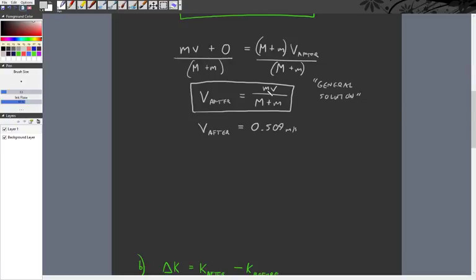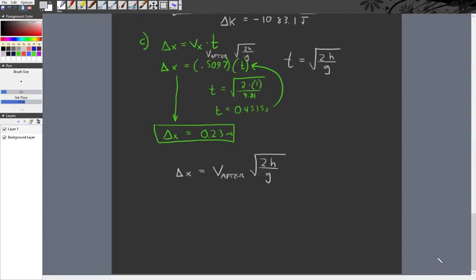So we're going to use this substitution here again. So our final equation will look like this. It's going to be little m, little v, over big M plus little m, and I'll put this in parentheses, times the square root of 2h over g.